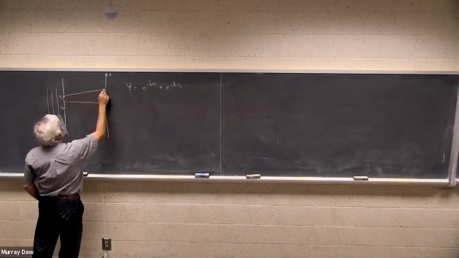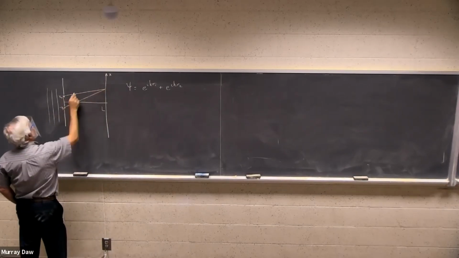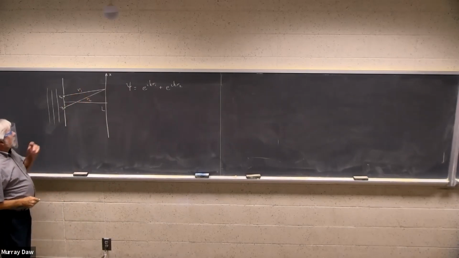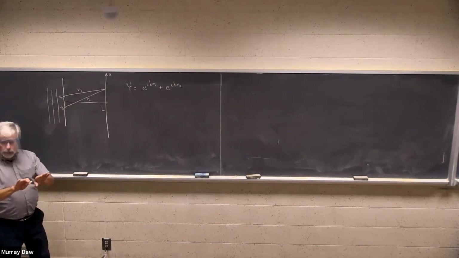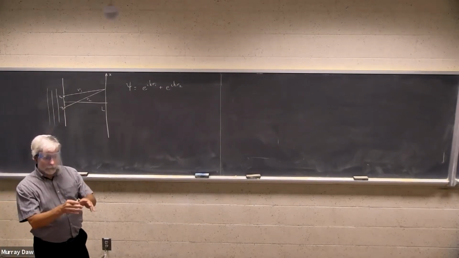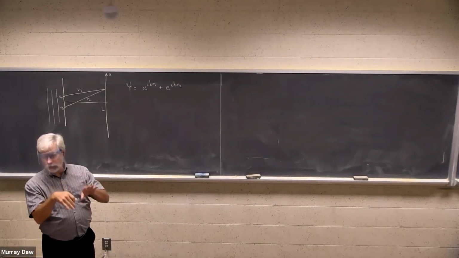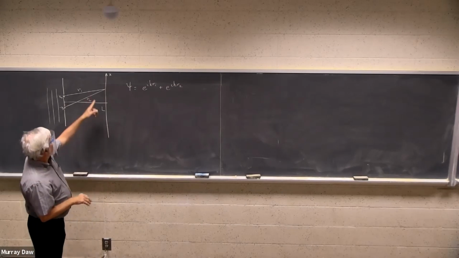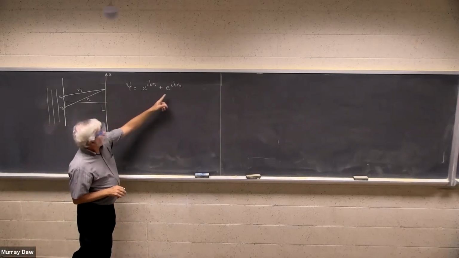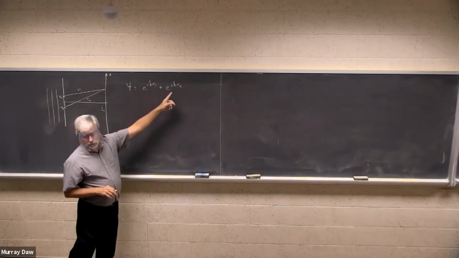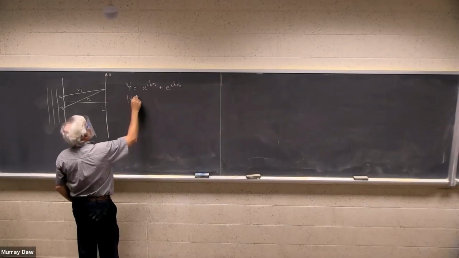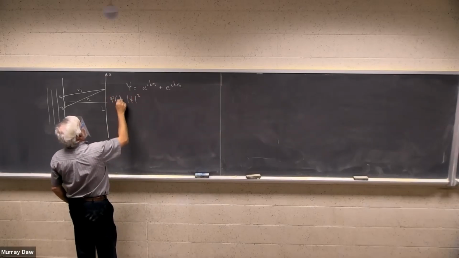If you consider the contribution from these two pieces, if the waves are in sync with each other, then that will be a maximum. If the waves are out of phase with each other, it produces a node on the screen. So what's important here is the relative phase of these two pieces with respect to each other. We square this to get a probability as a function of distance along the screen.